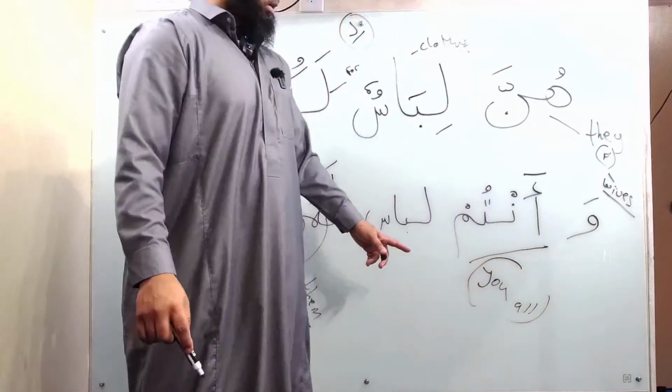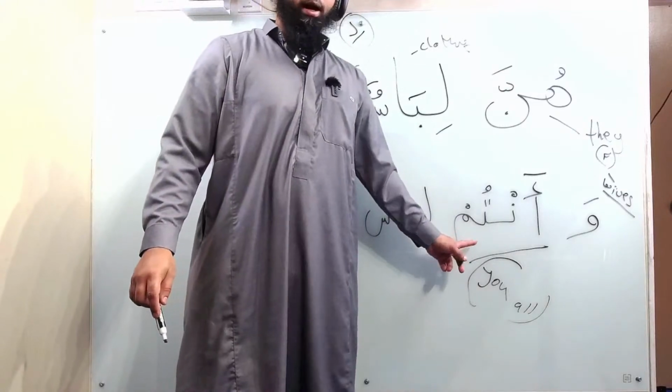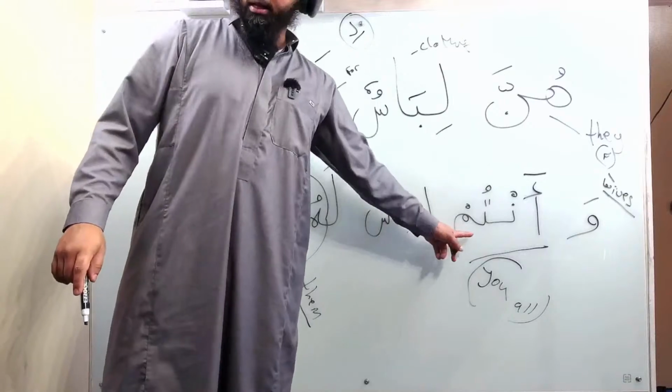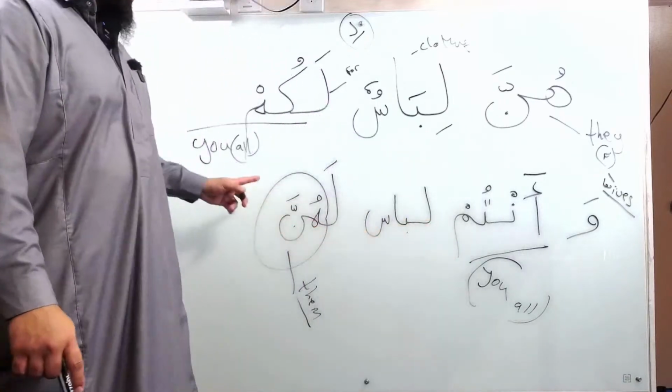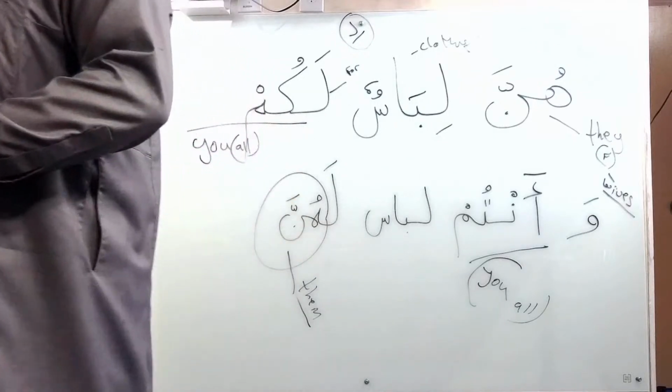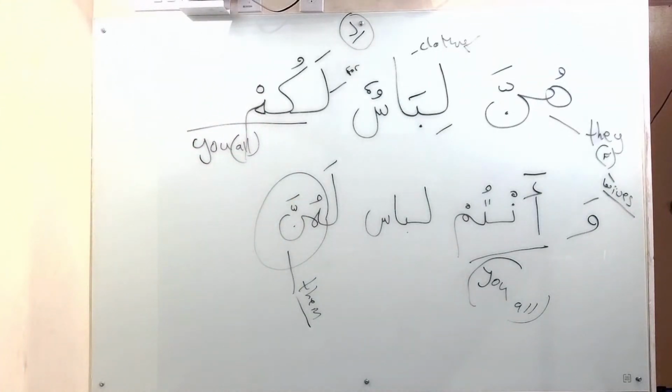This is the plural for anta. The plural for anta is antum. And this kum is the plural for the ka. The kum is the plural for the ka, and the antum is the plural for the anta.